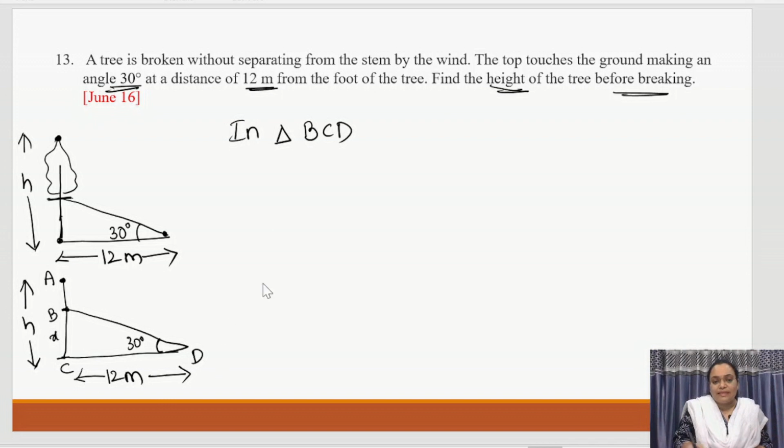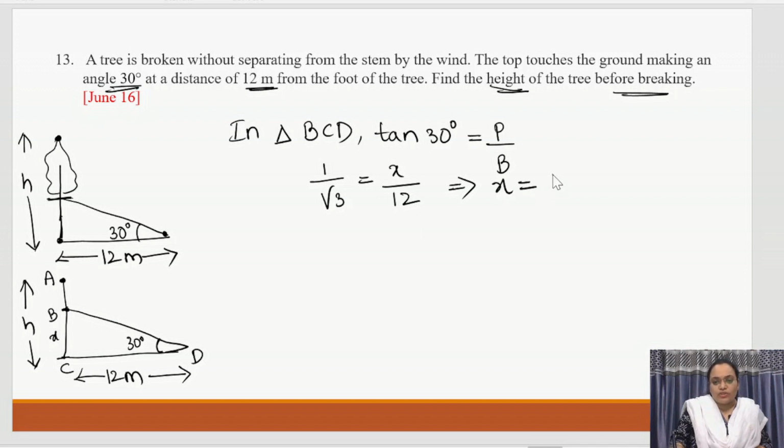So you can apply, in triangle BCD, tan 30 degrees equals perpendicular by base. Tan 30 is 1 by root 3. 1 by root 3 equals, we have taken the perpendicular as x, x by 12. So from here, x equals 12 divided by root 3.